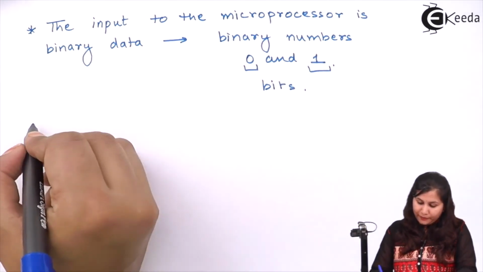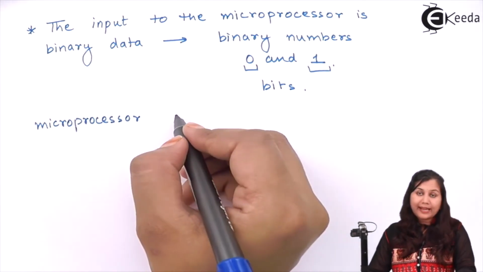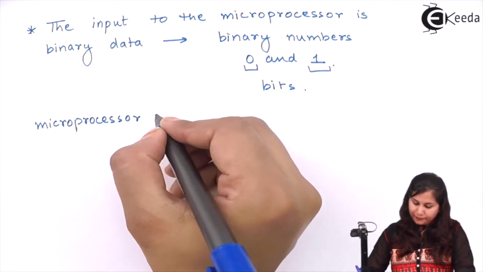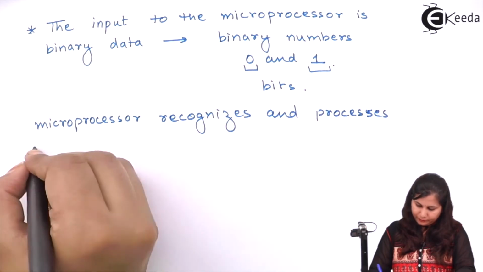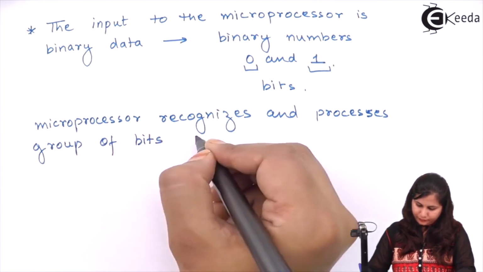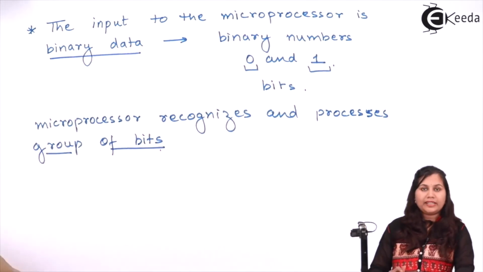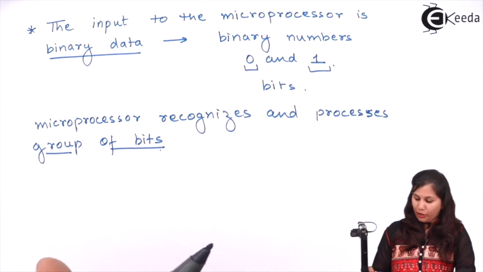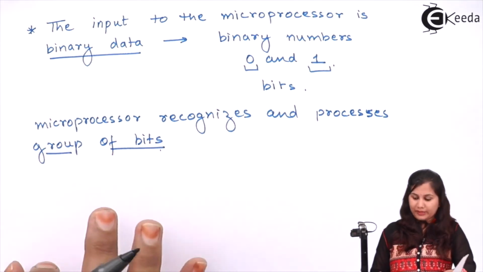Okay, so the microprocessor recognizes and processes these binary numbers or groups of bits, because the input to the microprocessor is binary data, or we can say that the microprocessor understands only binary numbers, that is the combination of 0 and 1. So we are going to give a group of bits as an input to the microprocessor.